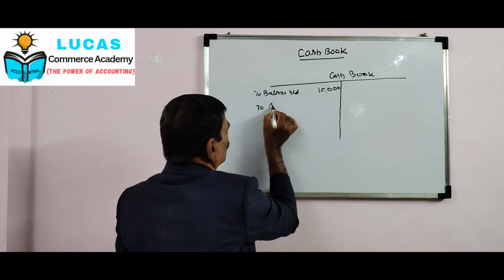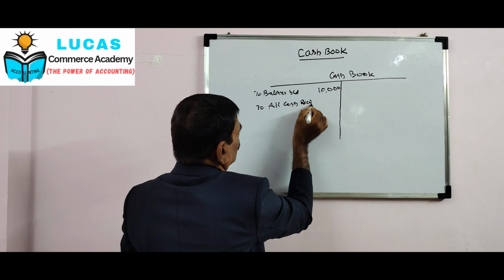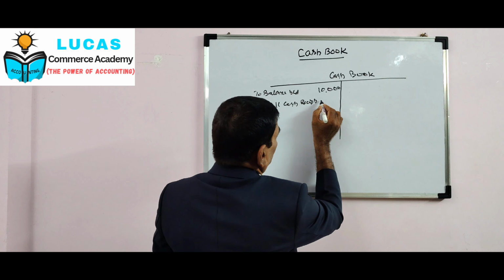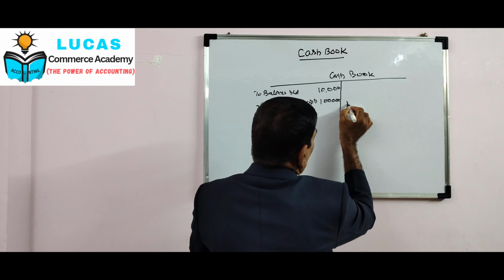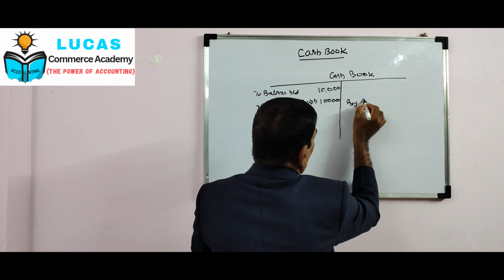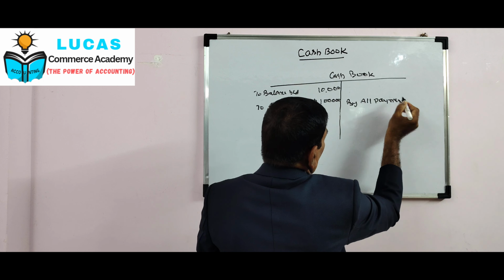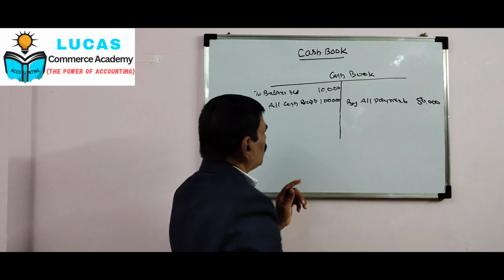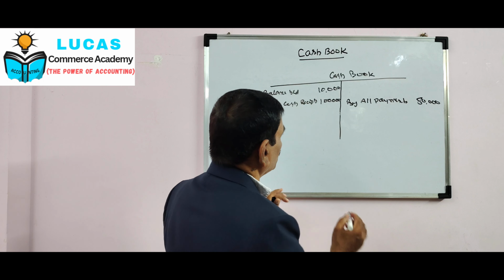Next, to all cash receipts during that period, say 1 lakh. Next, by all payments during that period, say for example 80,000. So that means all receipts should be entered on the debit side and all payments should be entered on the credit side.